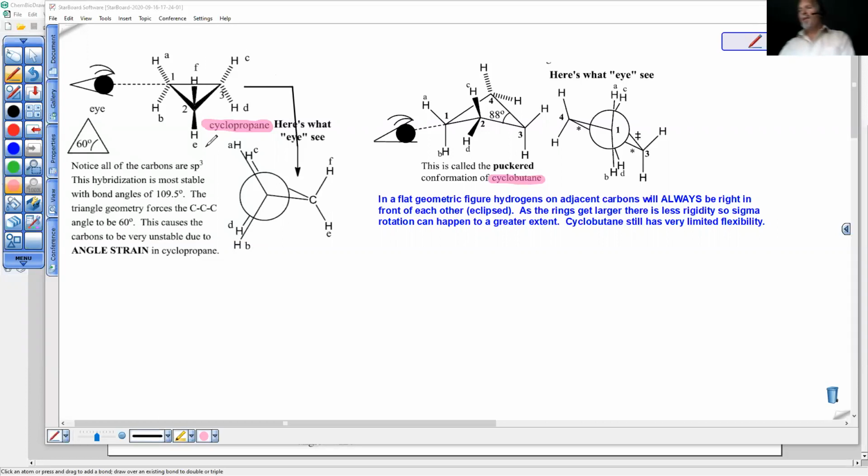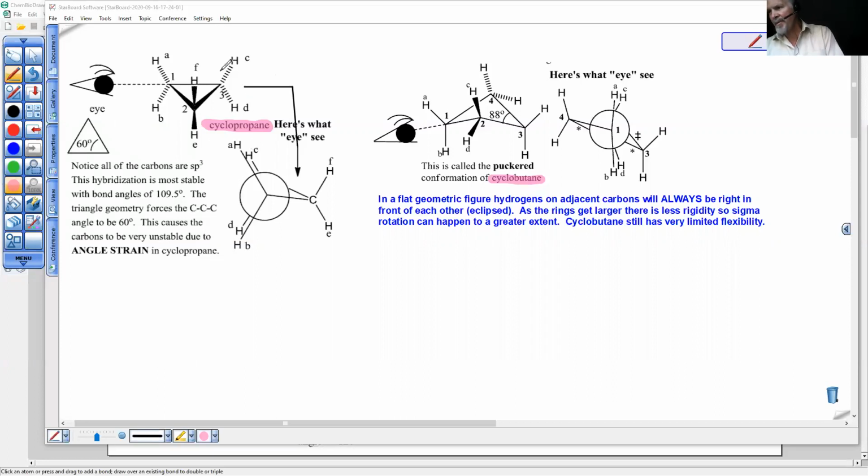Now, cyclopropane is a very rigid molecule because its ring is so small. I usually try to rotate the bonds in the toy, and I can't because there's no sigma rotation in cyclopropane because of its small size. That means that there's eclipsing here and here.